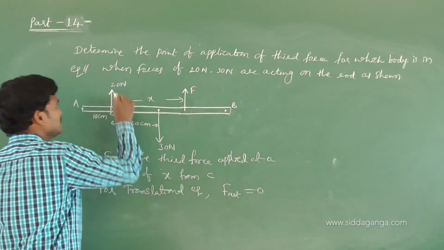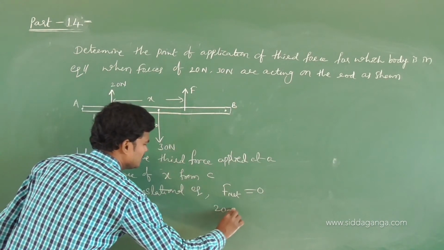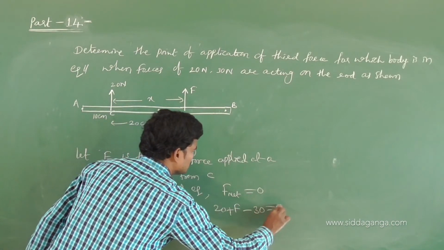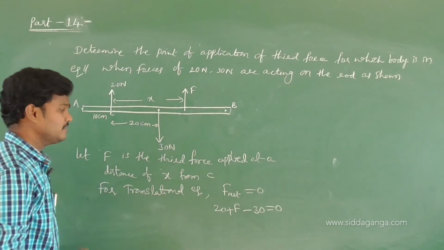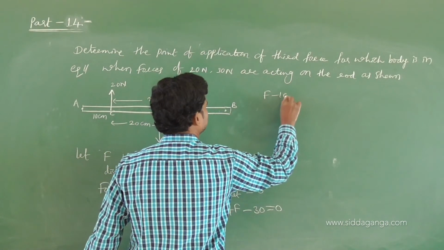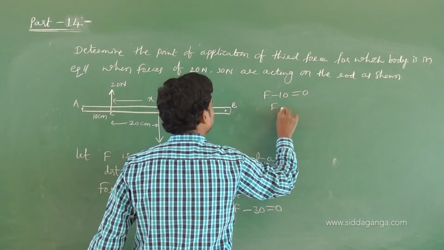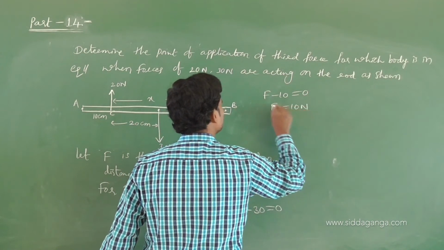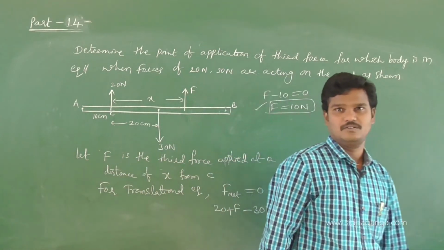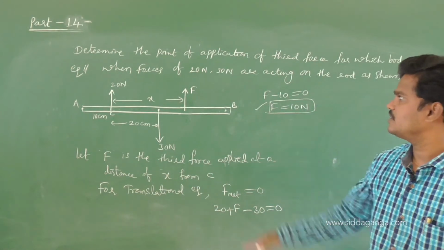What is the net force? Above is 20 plus F minus 30 is equal to 0. Then F minus 10 is 0, F is equal to 10 Newton. So we got the third force. We got it positive because we have taken it up.